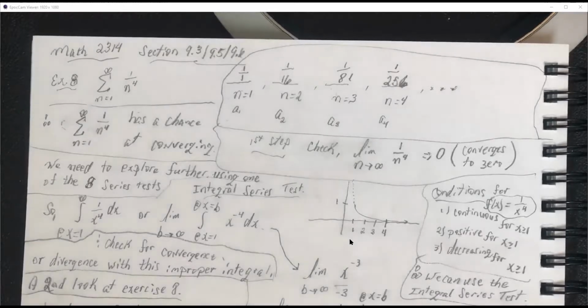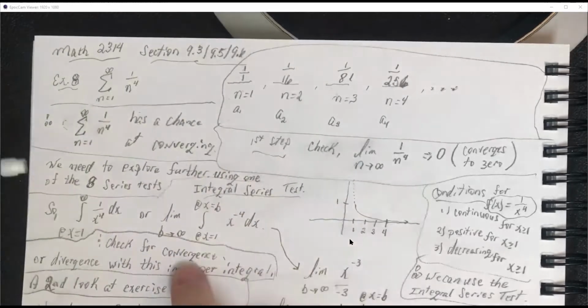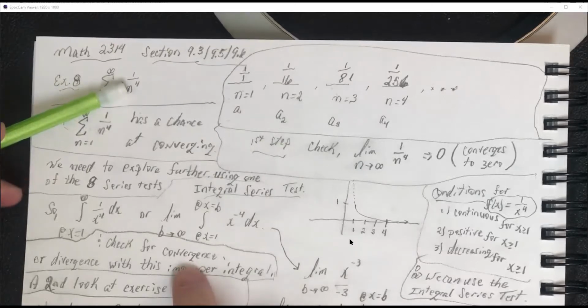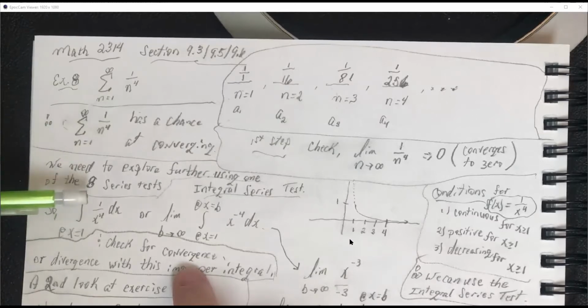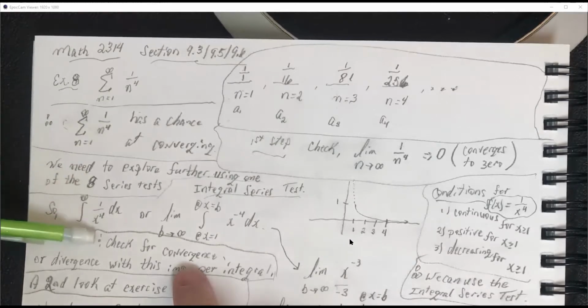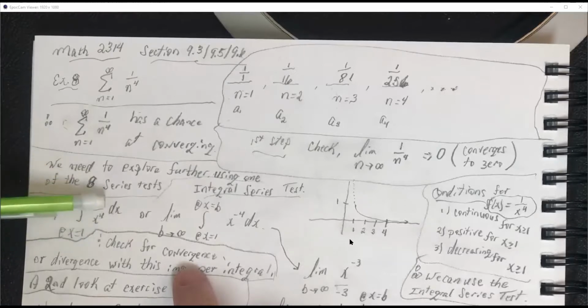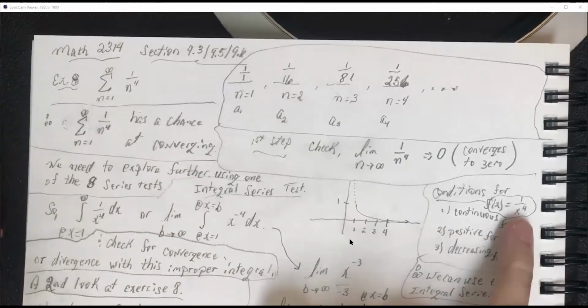And anyway, we could know that because if we change this sequence formula to a function f, it would be the function f of x equals 1 over x to the 4th. Oh, I wrote it over here. Those are the conditions for the function 1 over x to the 4, knowing that we're going to try to use the integral series test.